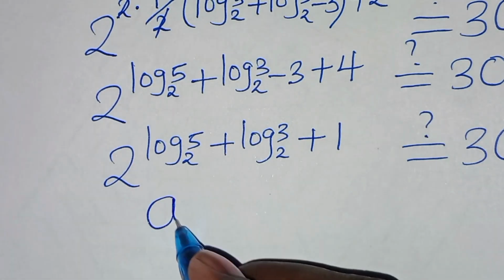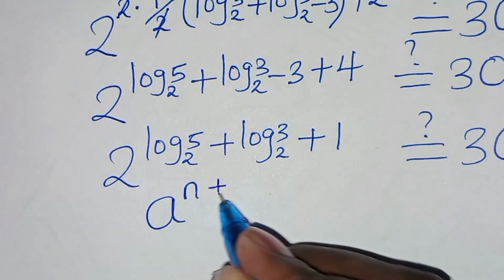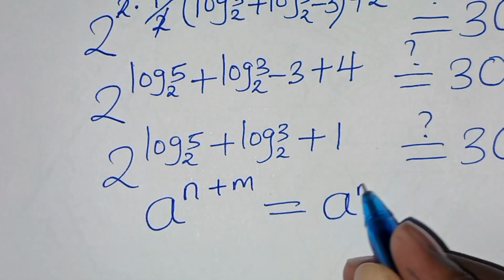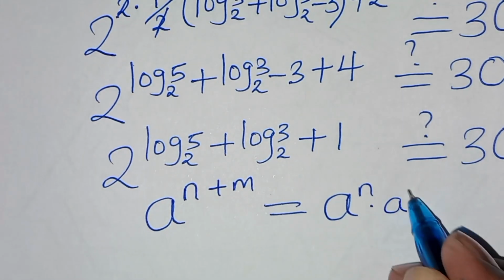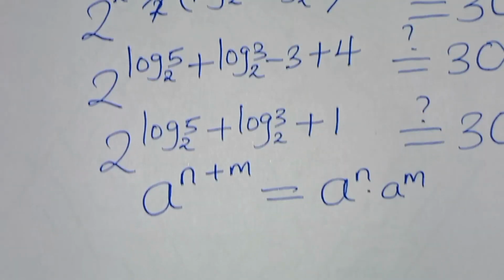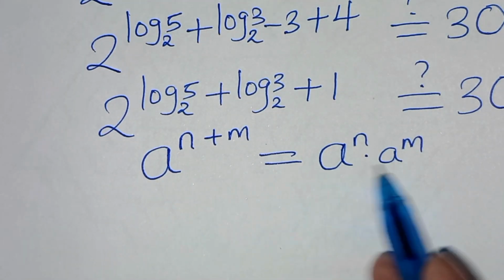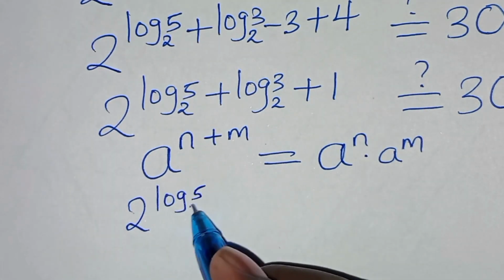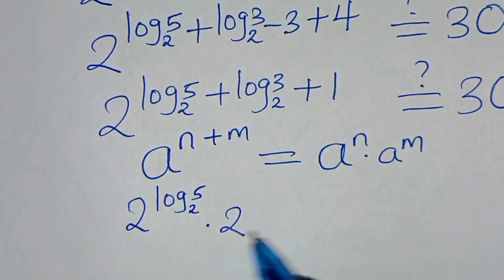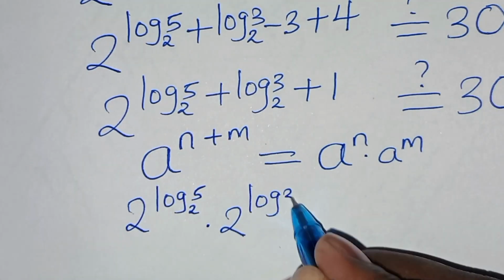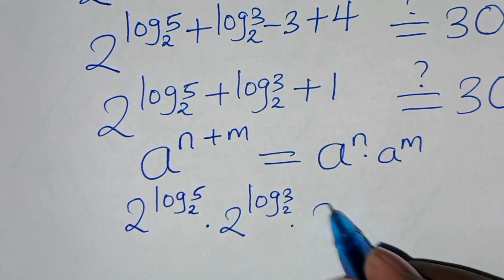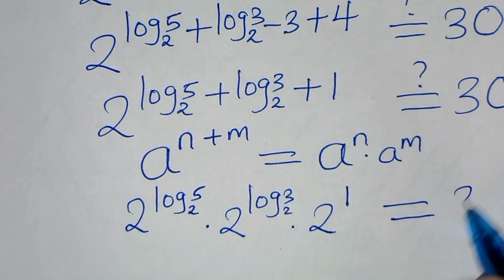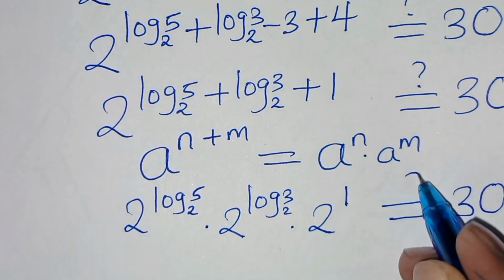This is in the form of a to power n plus m, which we can express as a to power n times a to power m. Applying this exponent property, then we have 2 to power log 5 to base 2 multiplied by 2 to power log 3 to base 2 multiplied by 2 to power 1. This should give us a value of 30.